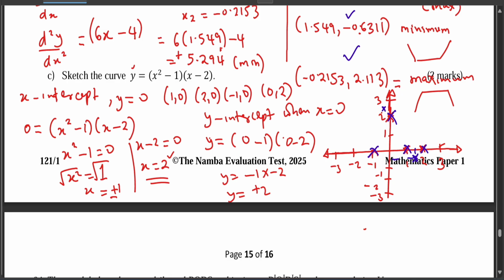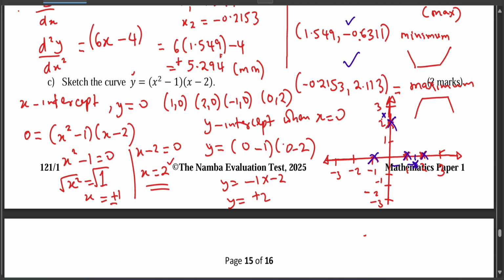Now when you're drawing your curve, you look at how you're turning, the nature of your curve at those turning points. For the first one, which is here, it is usually a minimum. The one above is a maximum, this one.